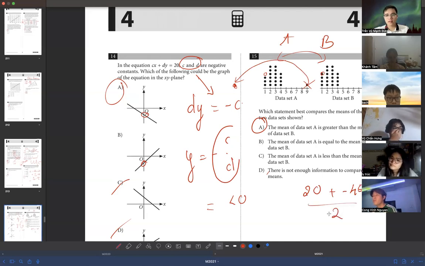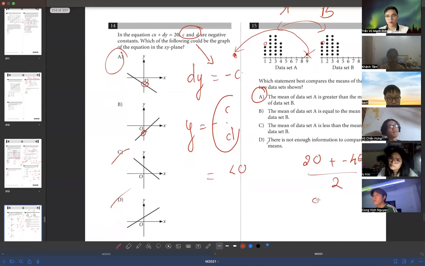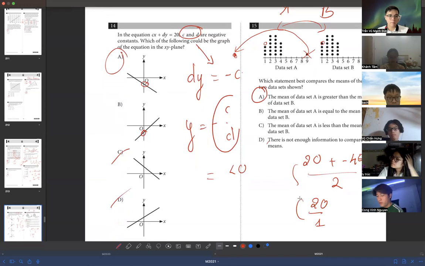Is it going to be bigger than 20 divided by 1? Is this one bigger or this one bigger? A and B. B will be bigger.